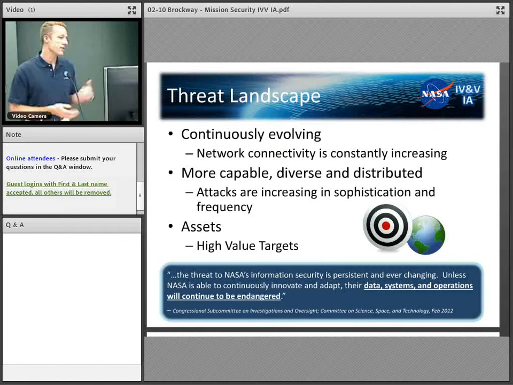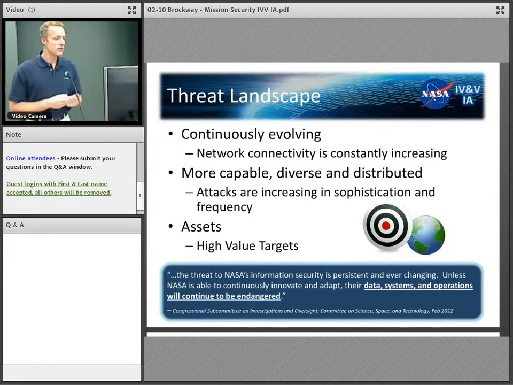So rather than duplicate that here, it seemed appropriate just to put a target on Earth, overlay that against Earth, and say that there's a very much continuously evolving threat.